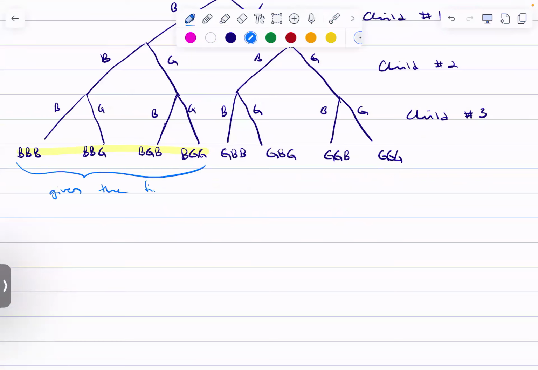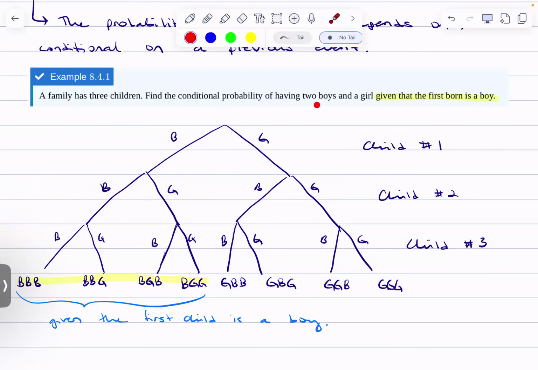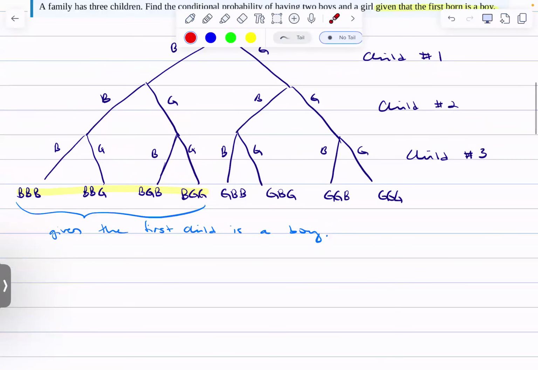Given the first child is a boy, we want to know the probability of having 2 boys and a girl, but also knowing that the firstborn is a boy. Now, we want to have 2 boys and a girl. This does not satisfy it because it's 3 boys. This one works, boy, boy, girl, that's one of the options.